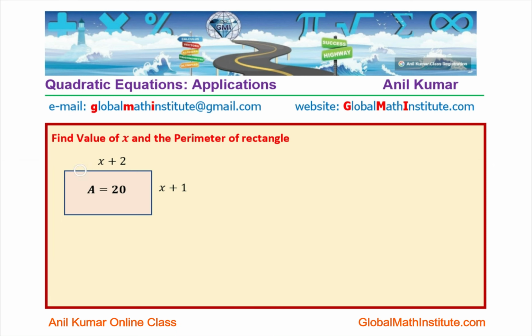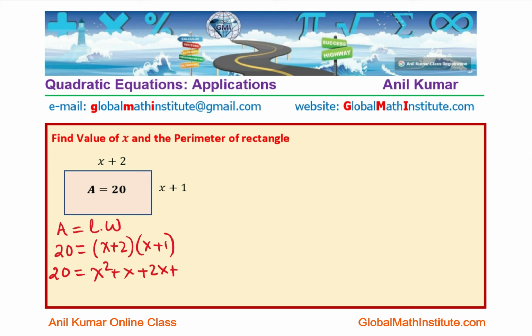So in this rectangle, we are given length and width. So let's rewrite. Area is equal to length times width. So we can say 20 is equal to x plus 2 times x plus 1. You can expand this and rewrite it as x square plus x plus 2x plus 2, right?